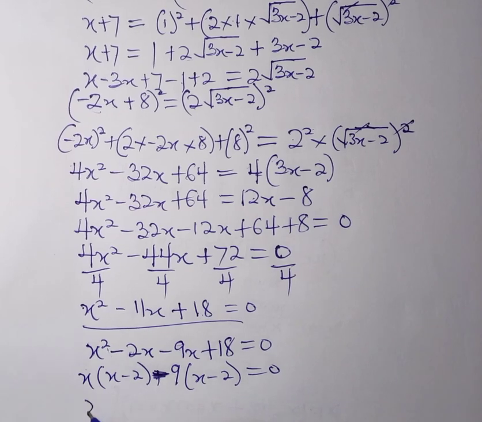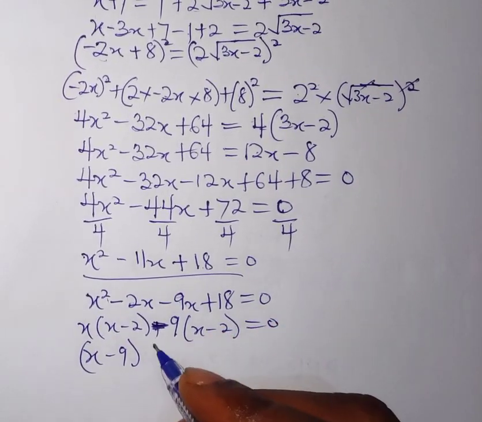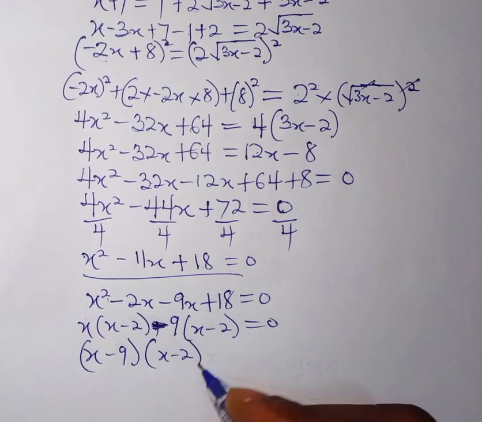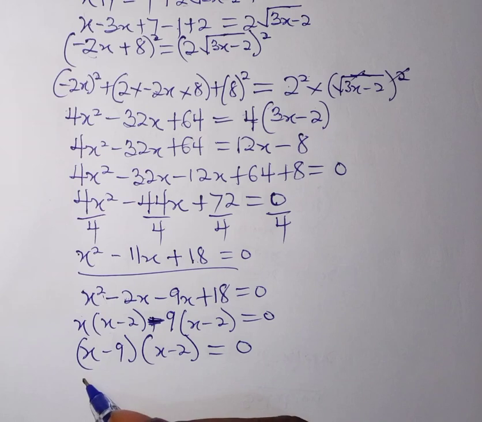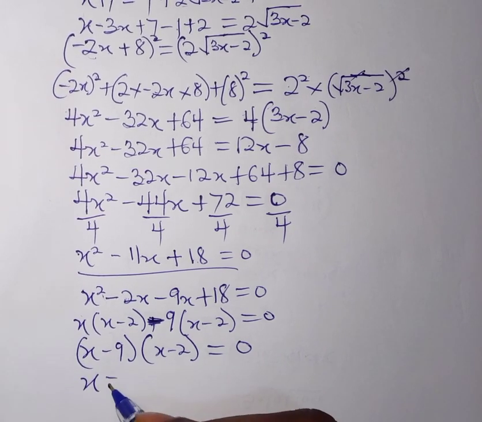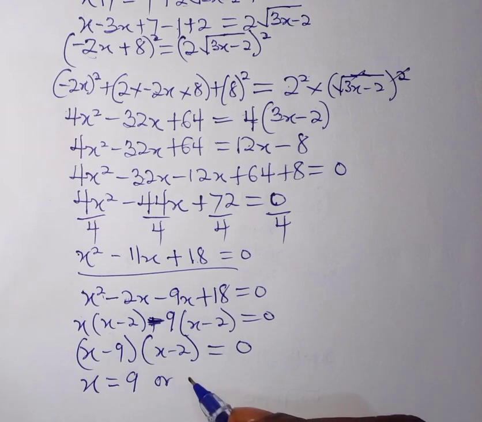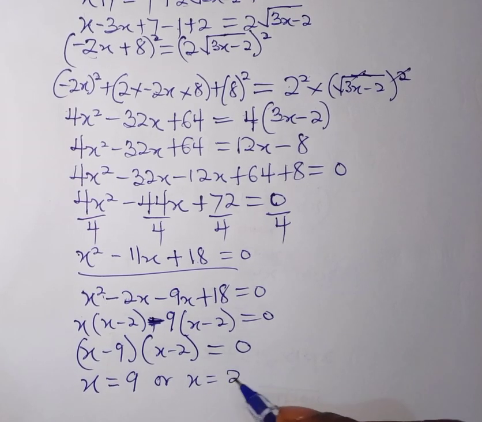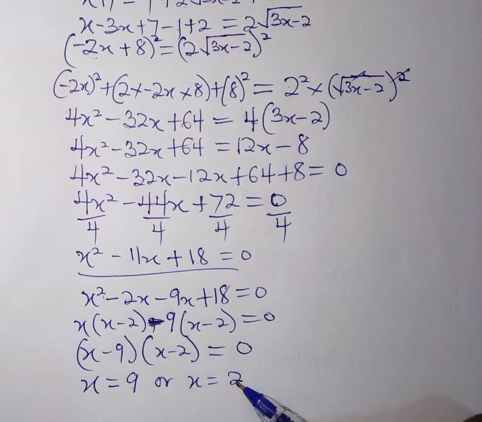So I have x minus 9 and x minus 2 equals 0. Therefore, x is equal to 9, or x is equal to 2. Now we have two solutions for this: x is equal to 9 and x is equal to 2.